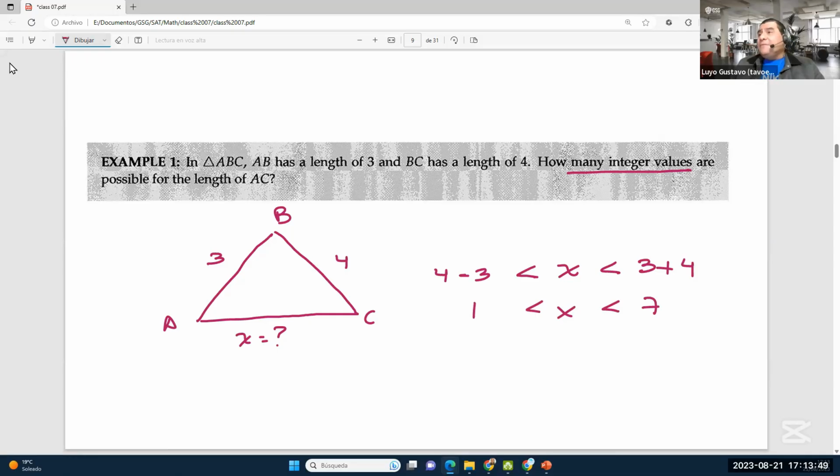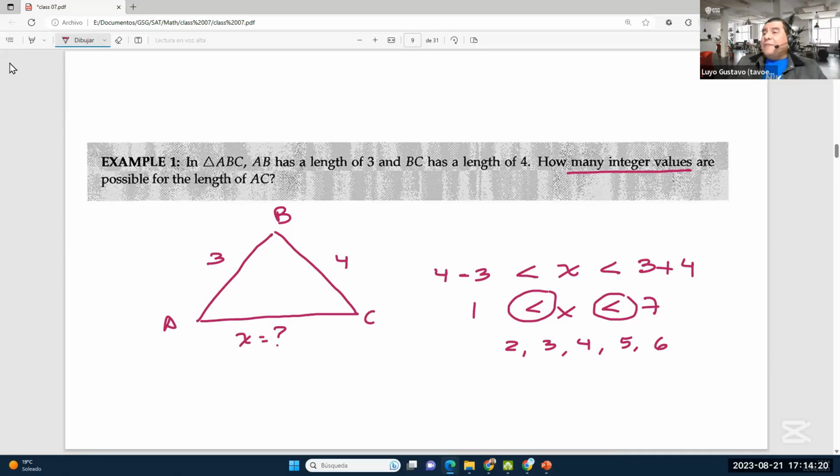But X is defined as an integer because we are looking only for integer values of X. Take a look. How many values exist between 1 and 7 that are integers? 2, 3, 4, 5, 6. Can we consider 1 and 7? No. Take a look at this symbol. It's just less than. It's not less than or equal to. Don't consider the ends of this double inequality, okay?